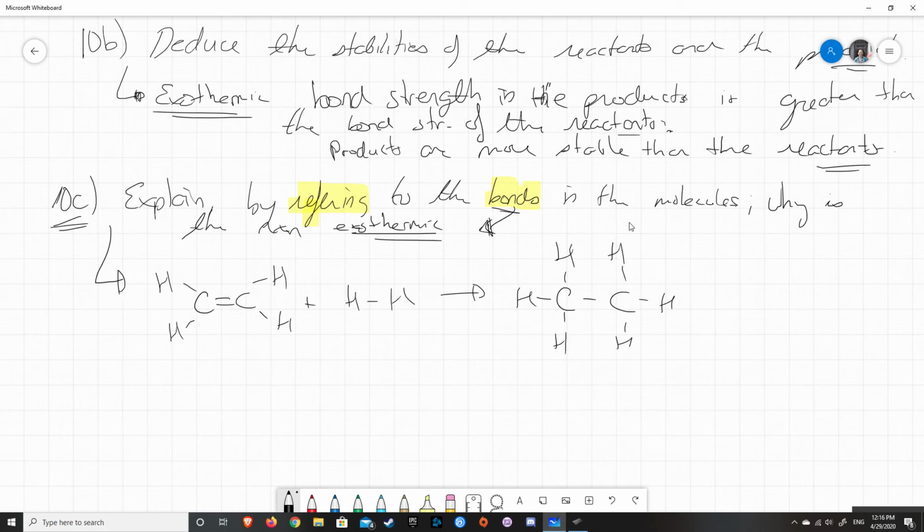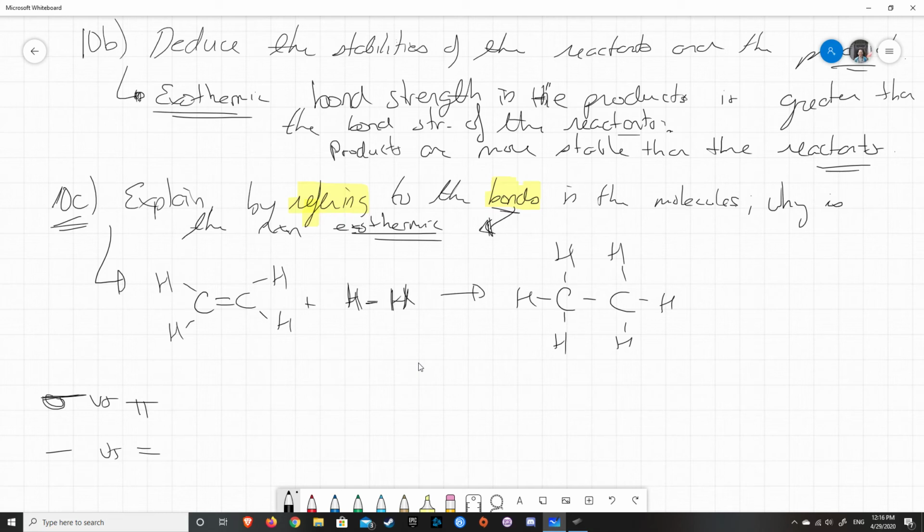This is why this is significant: you just need to consider the bonds, like a sigma bond versus a pi bond, a single bond versus a double bond.